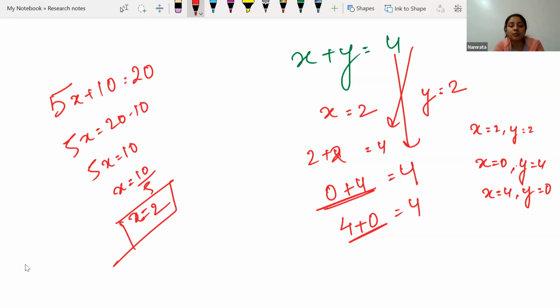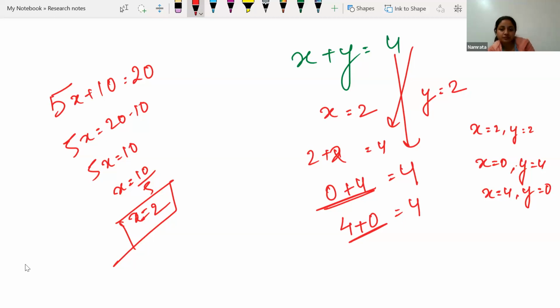But here we are unable to get one particular value. Here we are getting an x value and a y value, and different possibilities are coming up. It can be x = 2, y = 2, it can be x = 0, y = 4, it can be x = 4, y = 0.